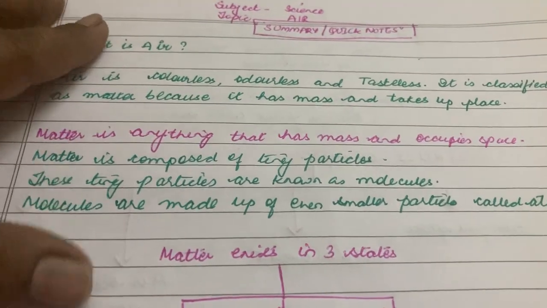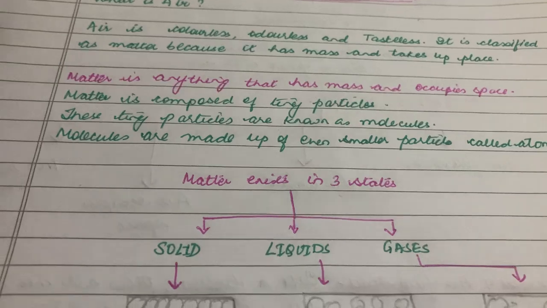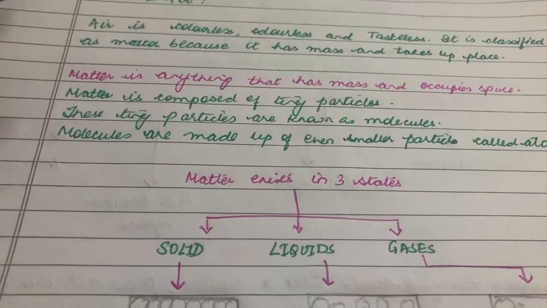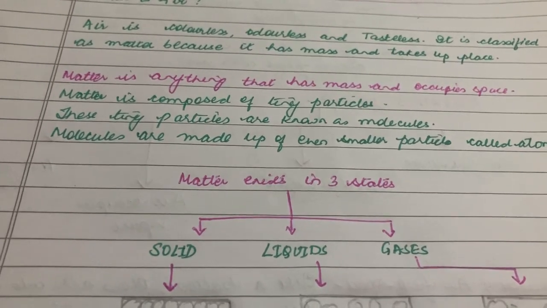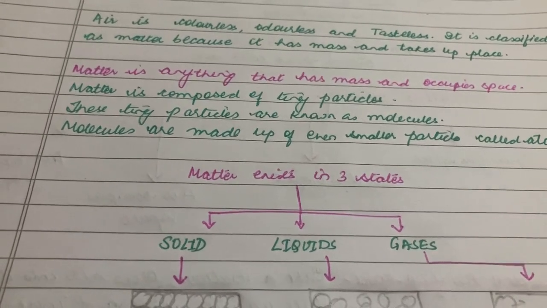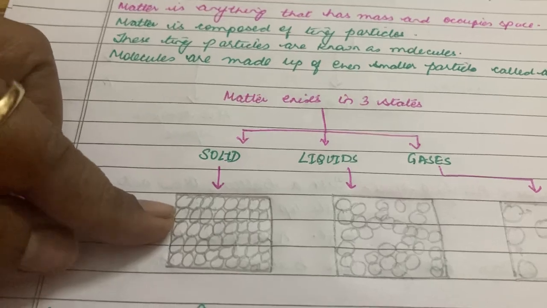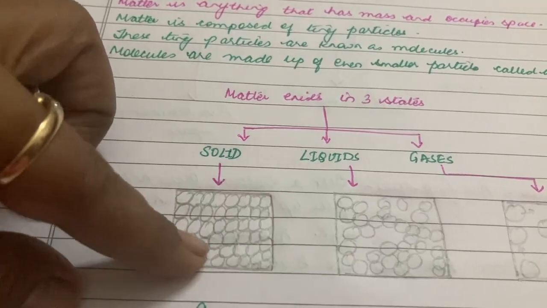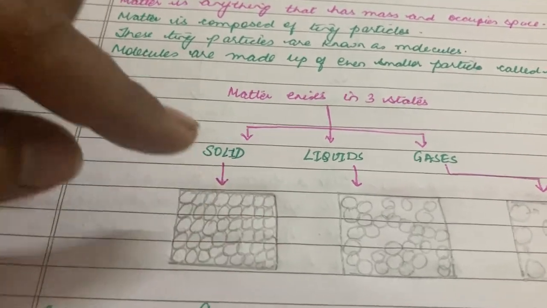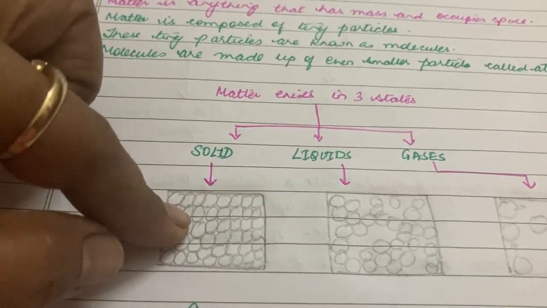Then we discussed the three states in which matter exists: solid, liquid, and gas. The particles in solids are very closely packed, and therefore there is no space for these molecules to move.